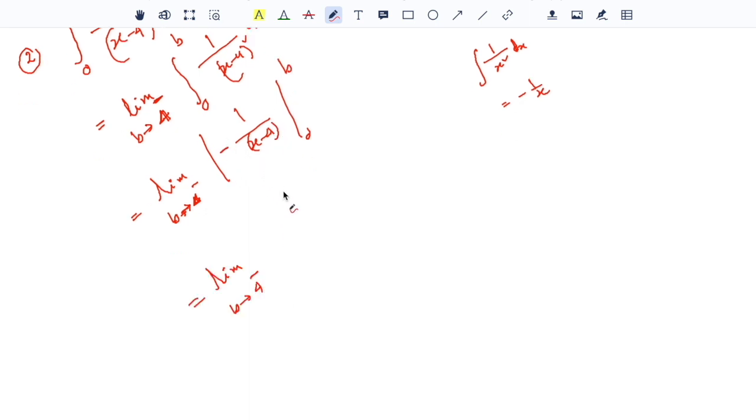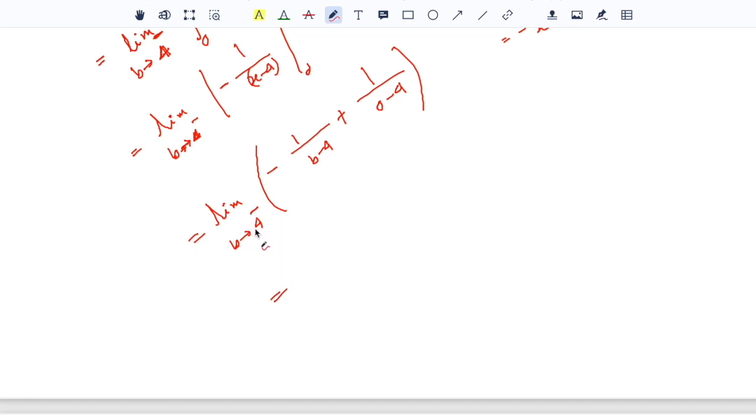Now if I put the upper limit first, it will be minus 1 by b minus 4 plus 1 by 0 minus 4, if I put lower limit.